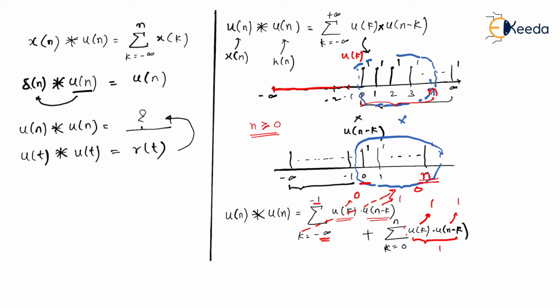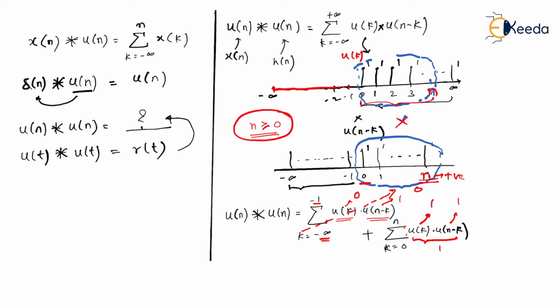So this is possible only if n is positive or 0. Only then will there be some common region between these two signals, giving you unity value. Otherwise, it will result in 0. So the discussion we are having is valid only when n is greater than or equal to 0.